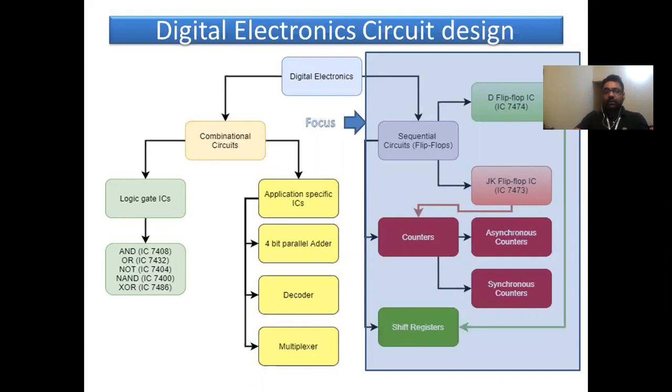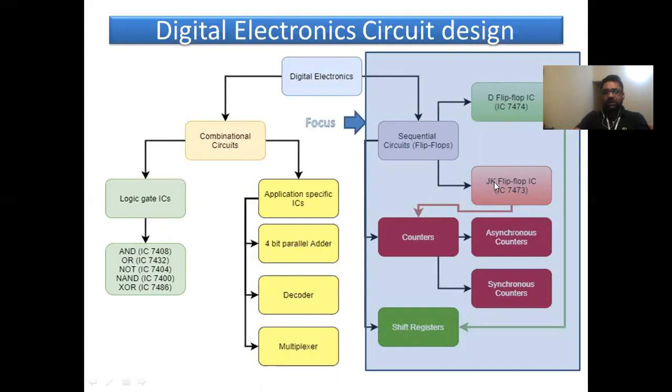JK flip-flop is IC7473 and D flip-flop is IC7474. As you can see here on the slide, our focus in this video lecture session will be on the sequential circuit part. That means the flip-flops and how to design different sequential circuits using flip-flops.